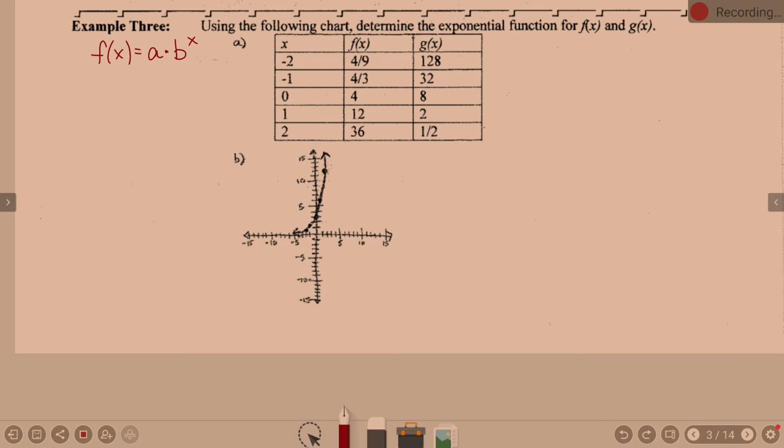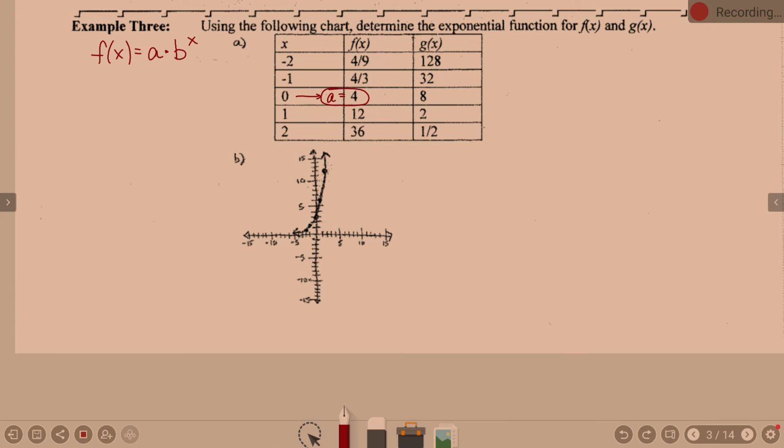A is your initial value, and assuming we are in proper exponential form, your initial value happens when x is 0. So what is my initial value when x equals 0? 4. We're just looking at f right now. G is a separate piece here, right? So this is for f.